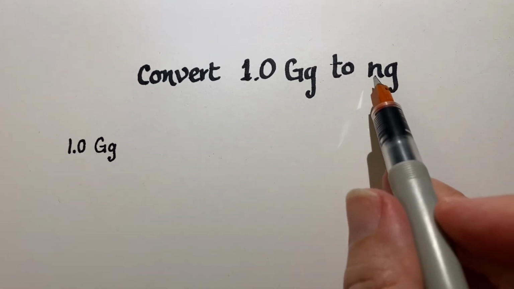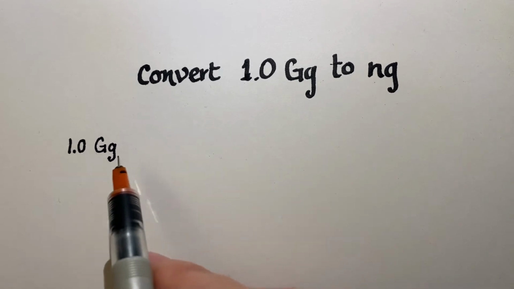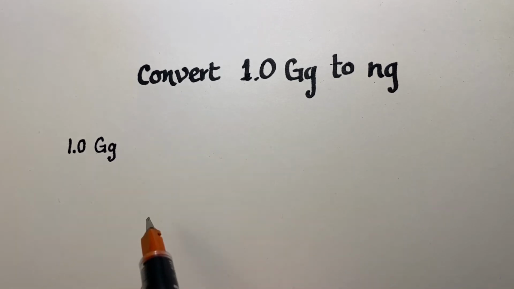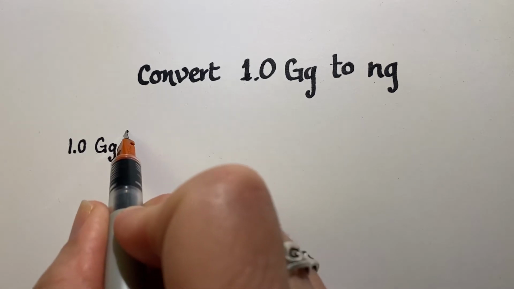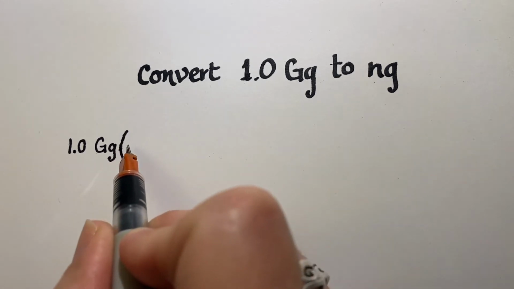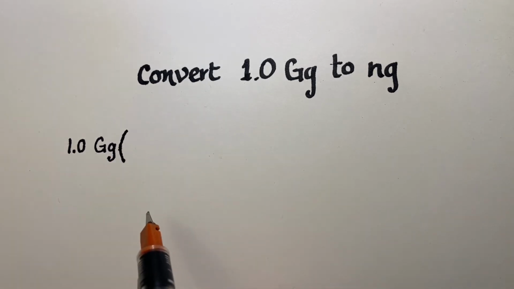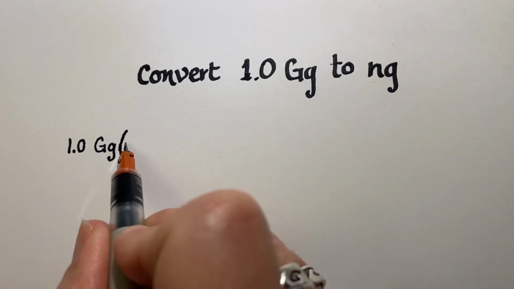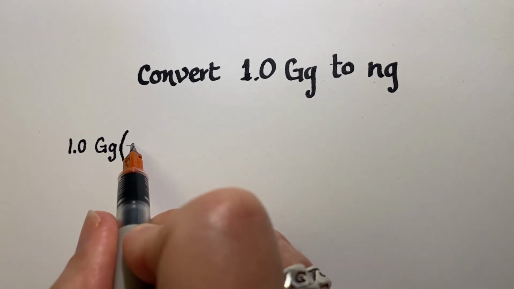And if we're heading towards nanograms, what I do is I do it stepwise. And I think about how many grams are there in a gigagram. And I write this unit conversion out as a ratio.